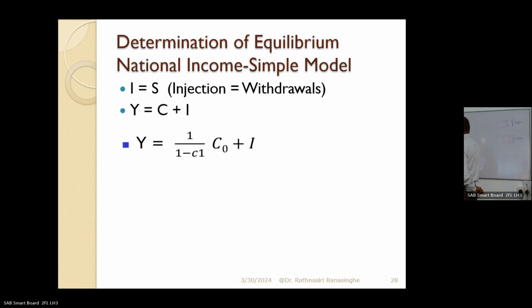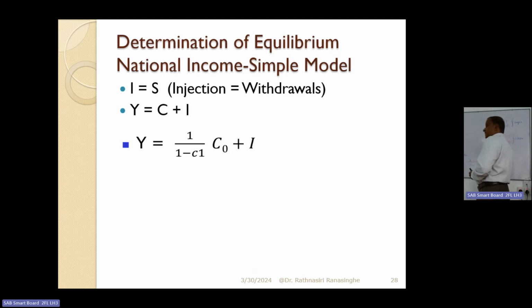When autonomous expenditure changes by a certain percentage, because of this multiplier, there will be a larger effect on income. So that is called the autonomous expenditure multiplier. K equals 1 over 1 minus C1. K is the autonomous expenditure multiplier.